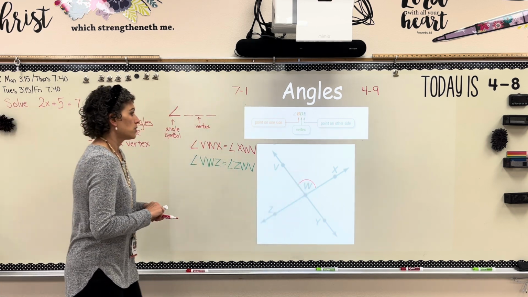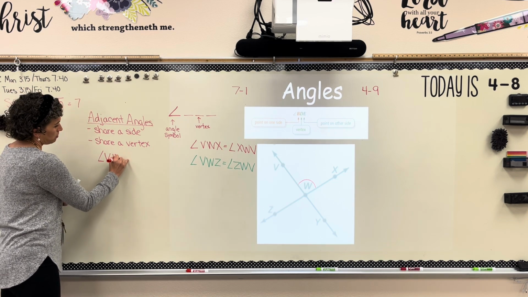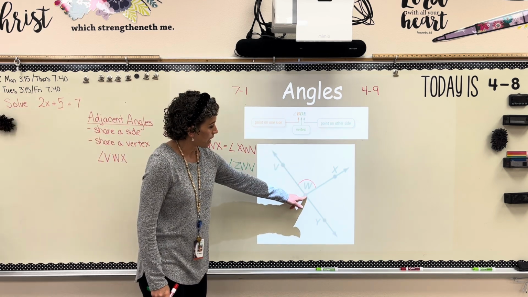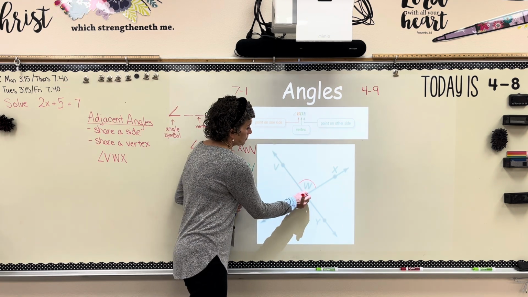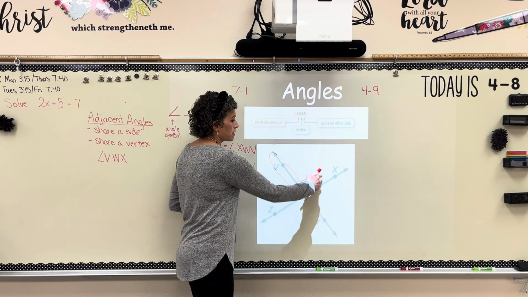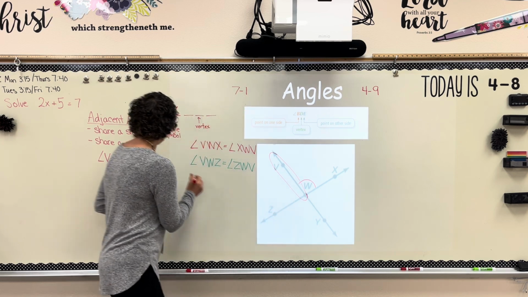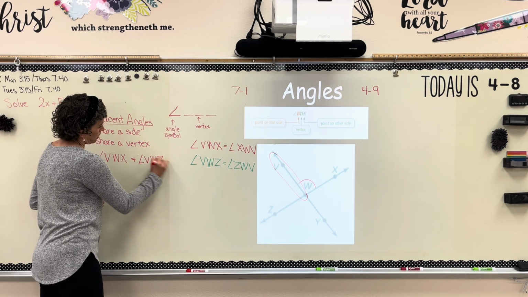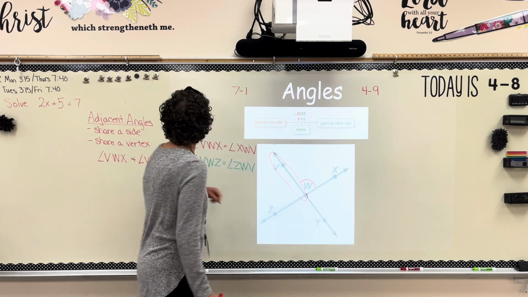Okay, so this angle is angle VWX. This has this vertex. Now I could share this side. So if I share this side, okay, so I've just named this angle, then adjacent to this would be VWZ. Okay, so they share this vertex and they share this side.